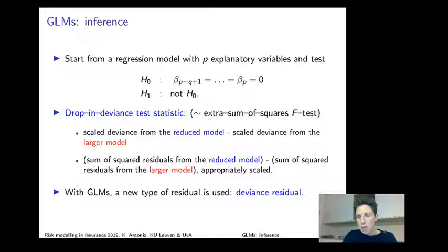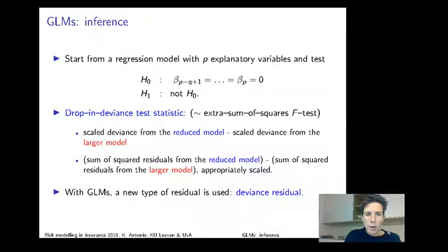However, in the GLM context, a new type of residual is used, in this case, the deviance residual. The deviance of a regression model under investigation equals the sum of its squared deviance residuals. And that's where this definition of the deviance residual is coming from. More on this later in the video.